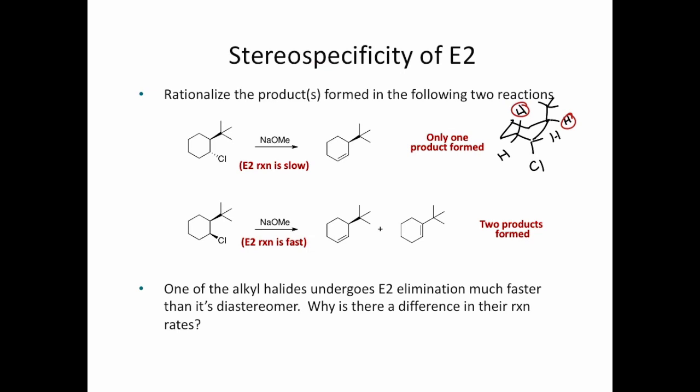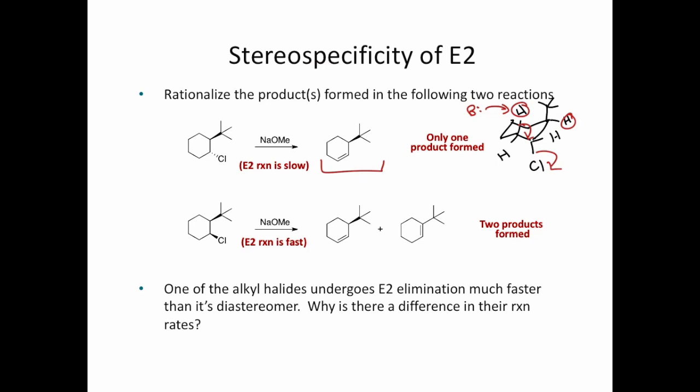So that would be this one. So my base can only remove that. And then when I draw the product for that, that's what this is. So I can't get any other possible products because that's the only beta hydrogen that's axial that can be removed.